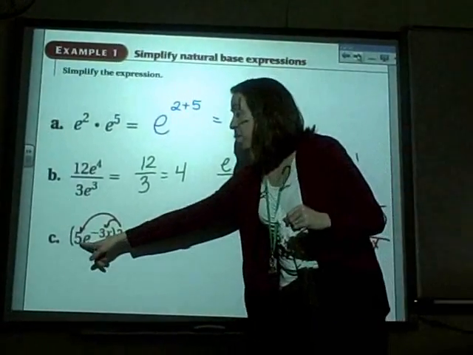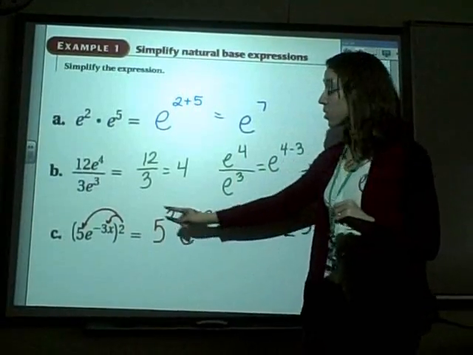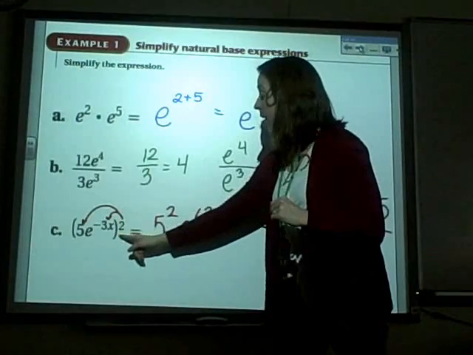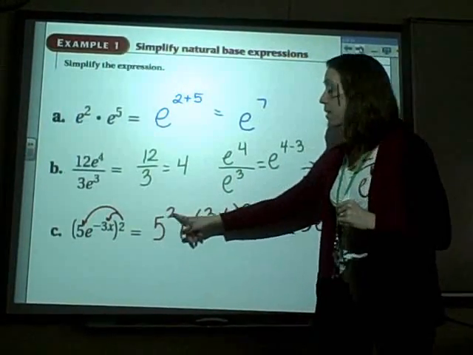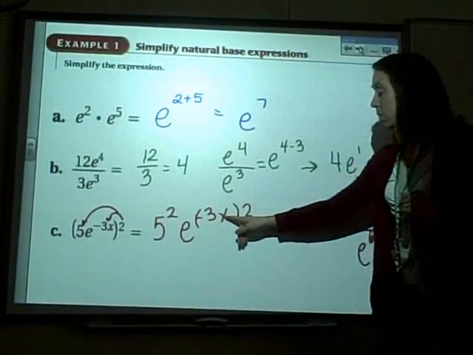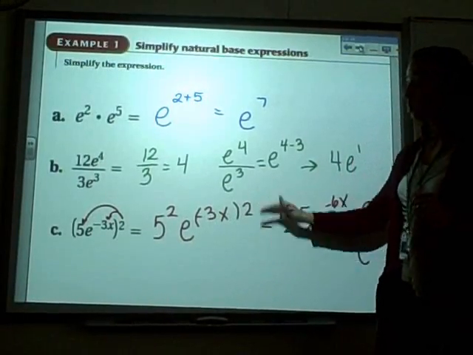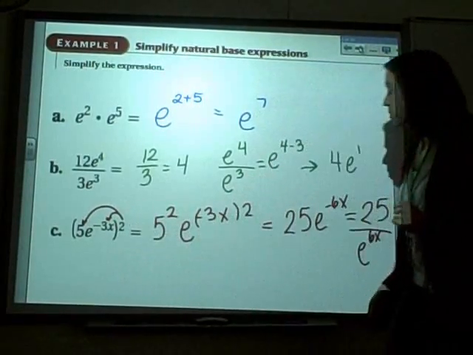We have a monomial raised to a power. I need to make sure that I distribute that power to each term inside. So I have to go 5 squared times e to the negative 3x also times 2. Remember, when you take a power to a power, you actually multiply those exponents.